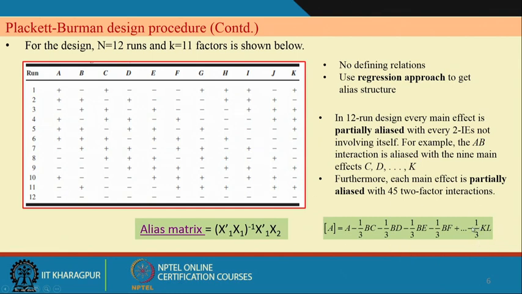I told you in one of the previous lectures about the regression approach to identify the alias structure, where we have given you the alias matrix. What we have done?